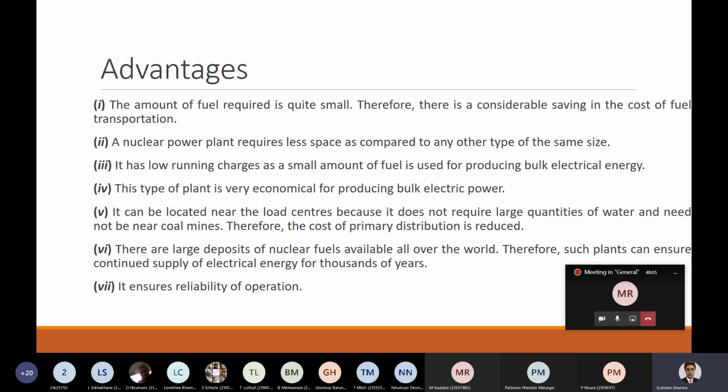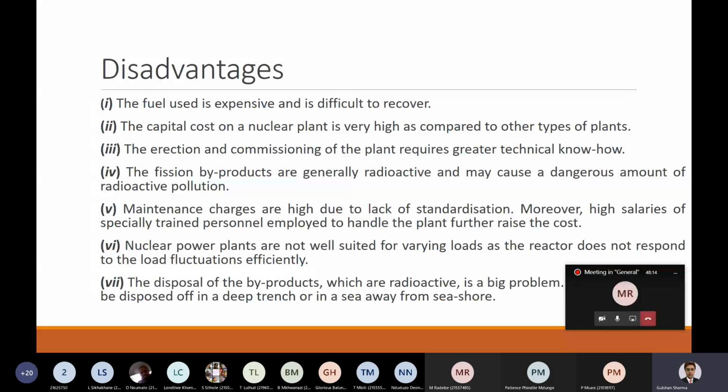Now what may be the demerits of the nuclear power plant? One thing is that in the nuclear power plant, we will be using uranium or thorium. So the fuel used is very expensive and it's difficult to recover. That's one of the drawbacks of the nuclear power plant.